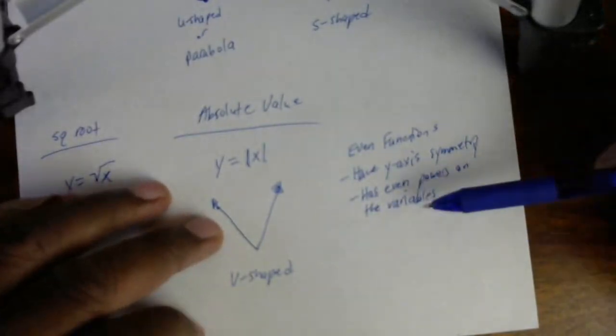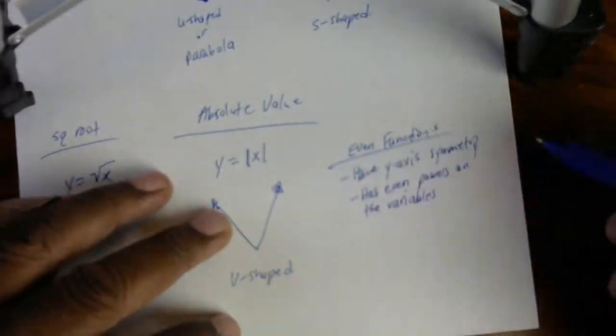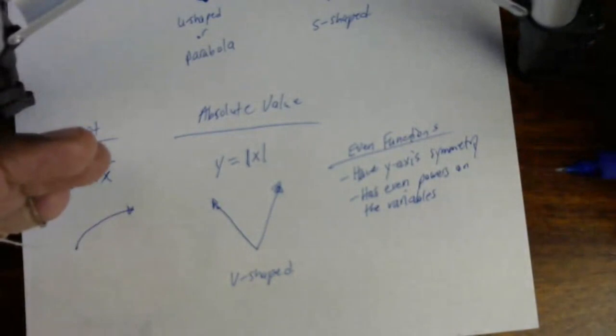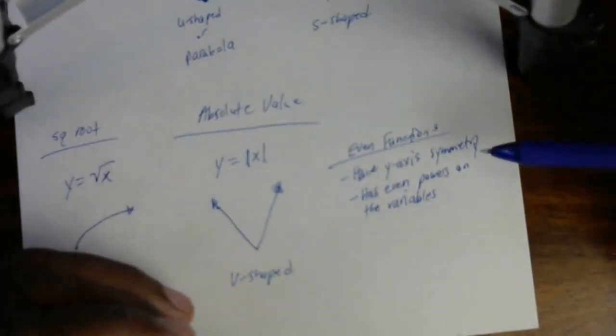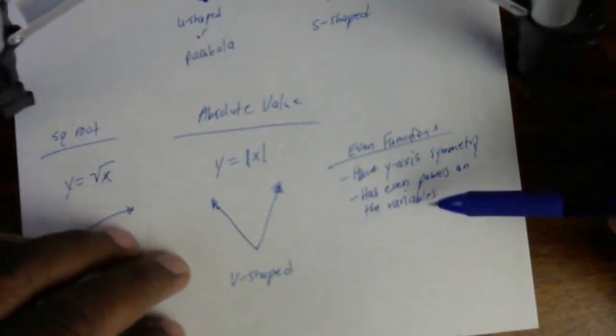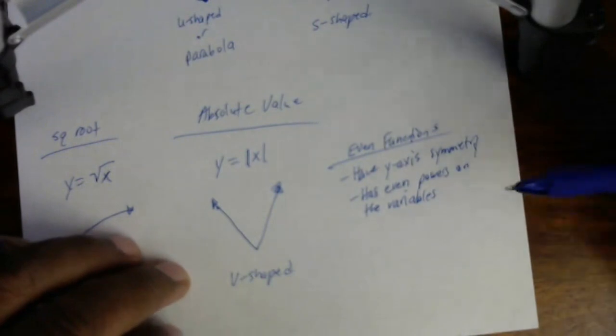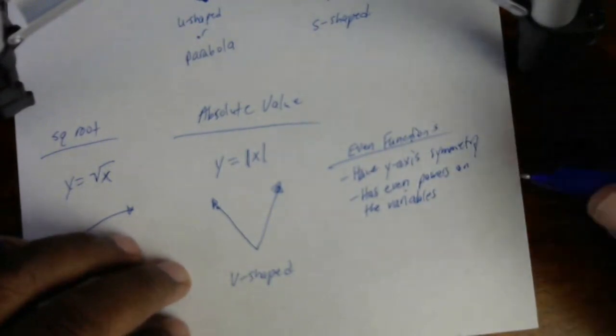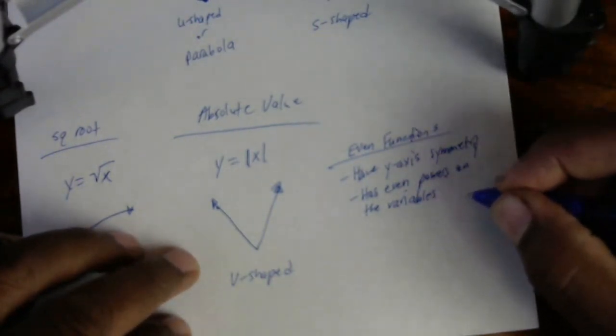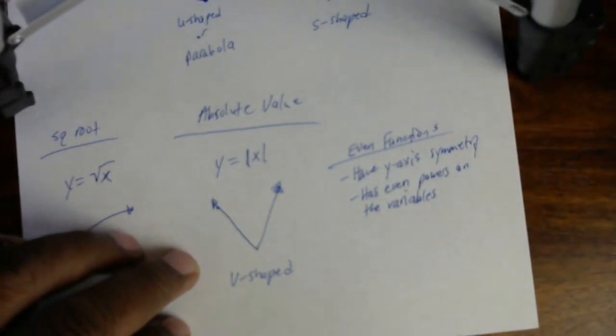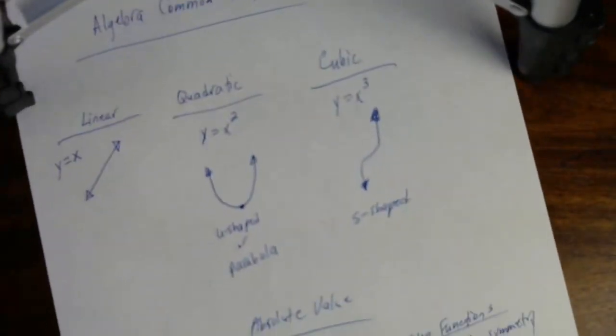So an even function has to be symmetric with respect to the y-axis. We're going to talk about that. But it has to have all even powers on the variable. So even numbers are 0, 2, 4, 6, 8. All right, so let's keep that in mind.